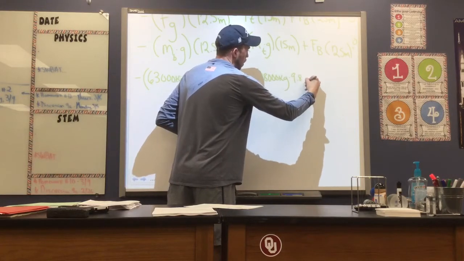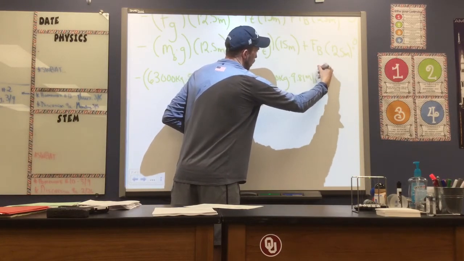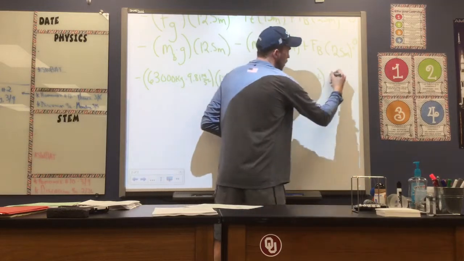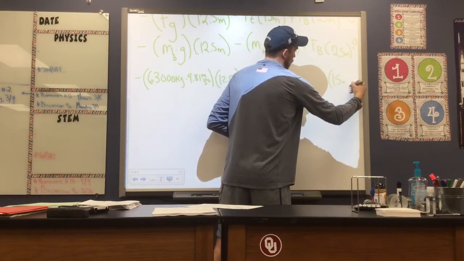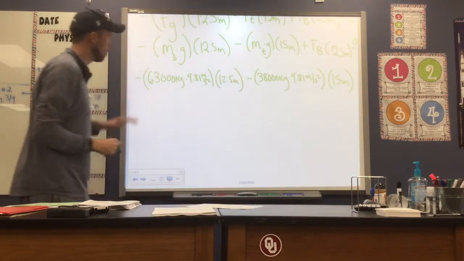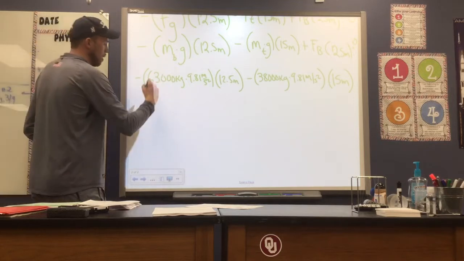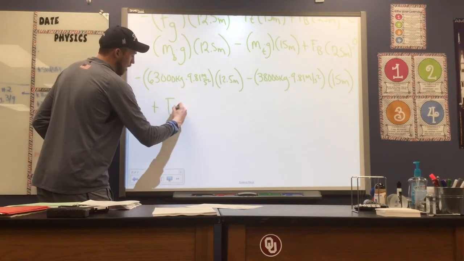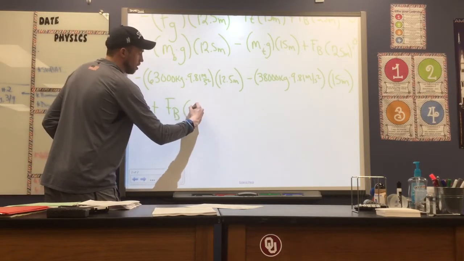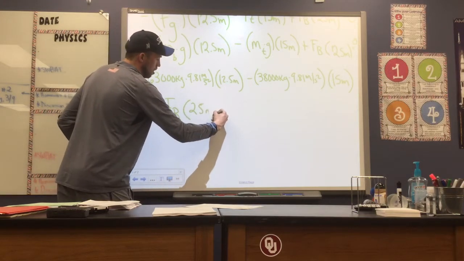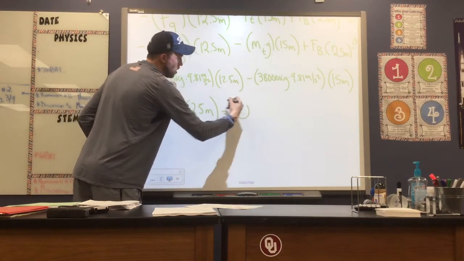Times 9.81 meters per second squared. And we'll multiply, again, by our distance away, 15 meters. And we're just going to keep this train going. Then we'll add FB at 25 meters and set all of that equal to 0.